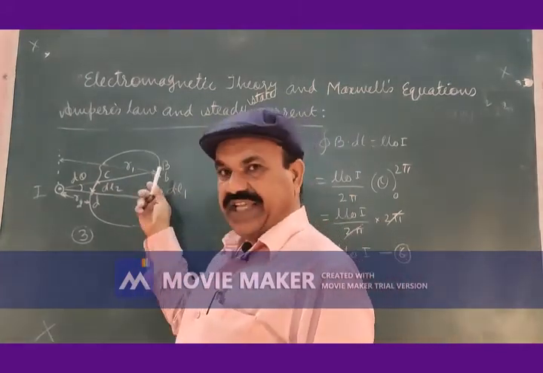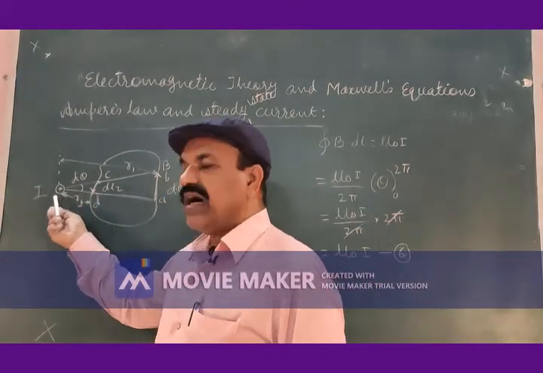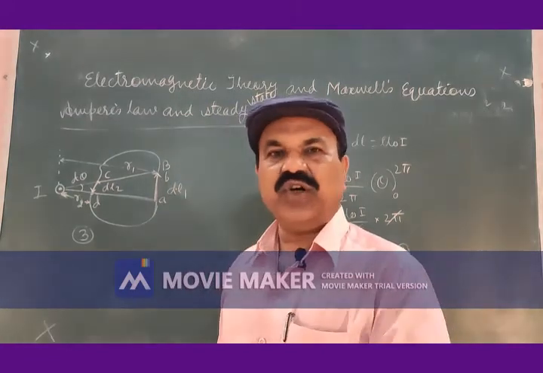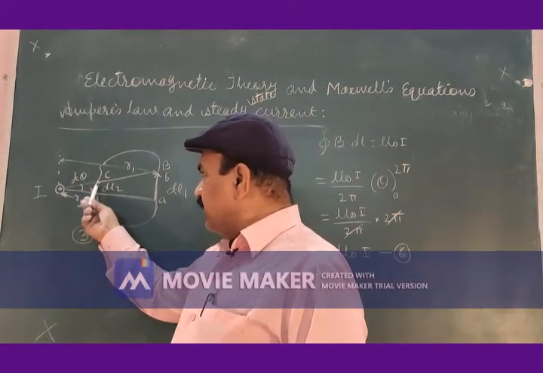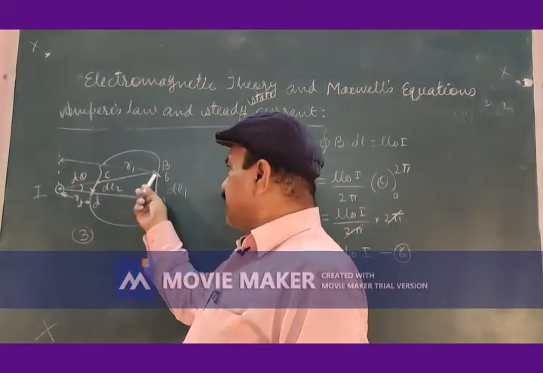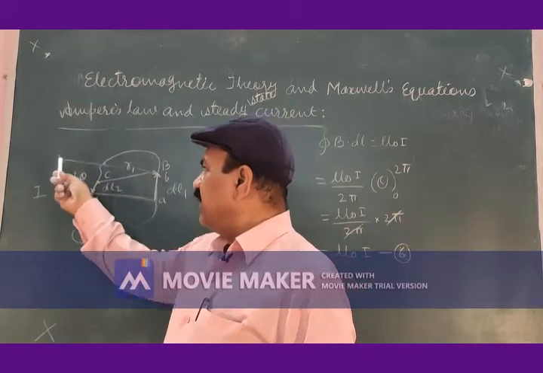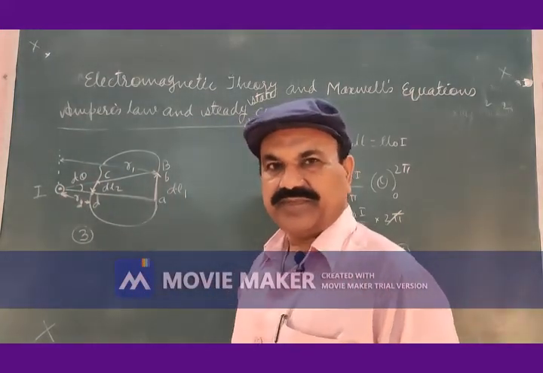Both arcs DL1 and DL2 subtend angle d theta at the center of the conductor. Distance of arc DL2 from the center is R2. Distance of arc DL1 from center of the conductor is R1.